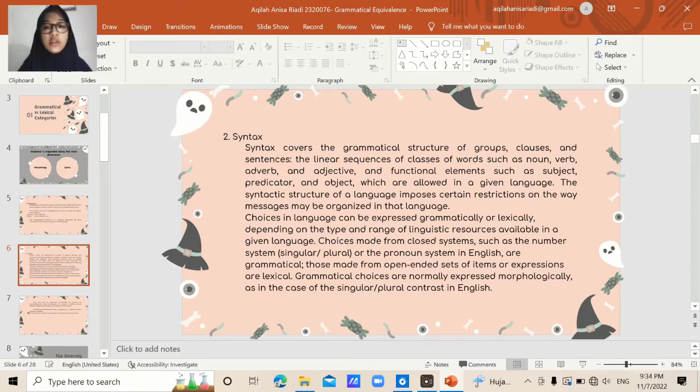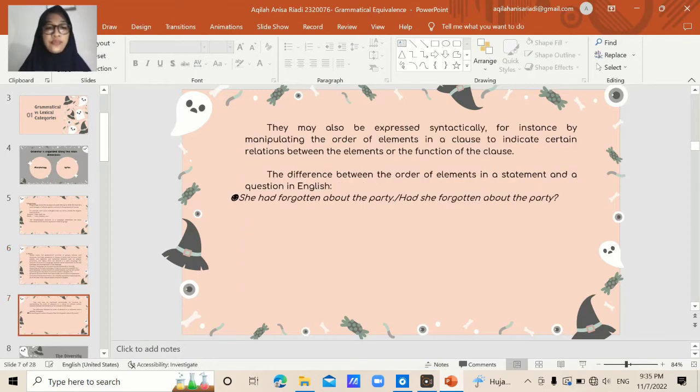Grammatical choices are normally expressed morphologically, as in the case of the singular or plural contrast in English. They may also be expressed syntactically, for instance by manipulating the order of elements in a clause to indicate certain relations between the elements for the function of the clause. The difference between the order of elements in a statement and the question in English, for example: she had forgotten about the party, or had she forgotten about the party?